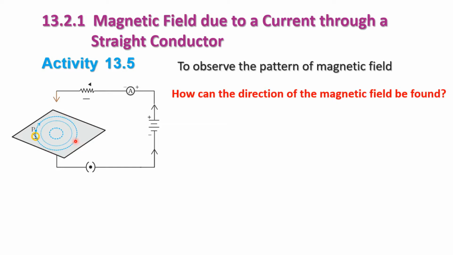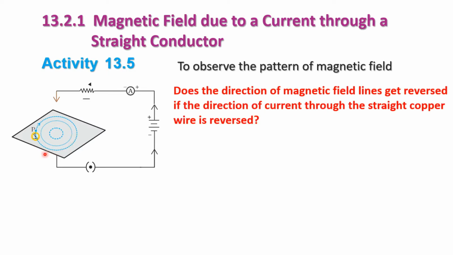Now next is, how can we find the direction of the magnetic field? It can be found by placing a compass on the circle. So we are going to place the compass here, here, here, and the direction we can find out. The direction of the north pole, that means the arrow, will point in the direction of the magnetic field.